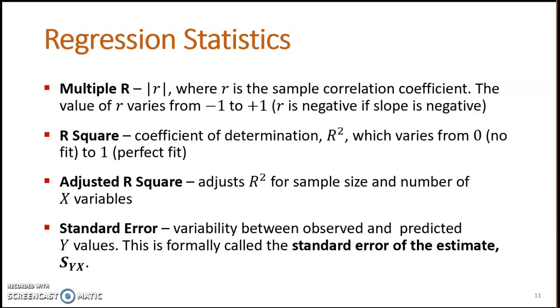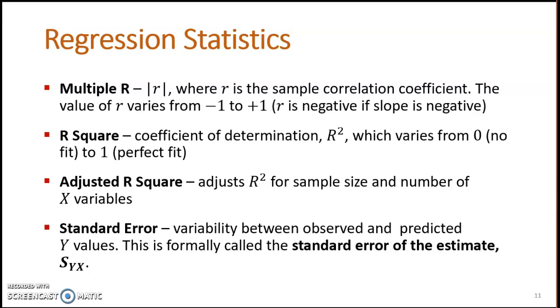R is negative if the slope is negative, so a value less than 0 indicates negative correlation. A positive value is interpreted as a positive correlation. The closer the number is to 1, the more correlated it is. And if the value is 0, then it indicates that there is no correlation.